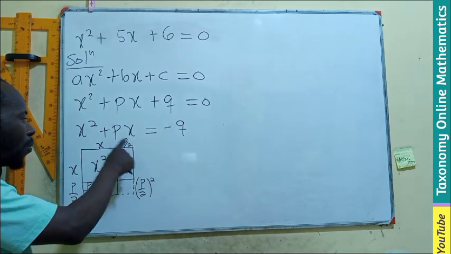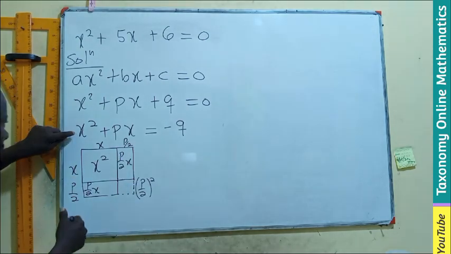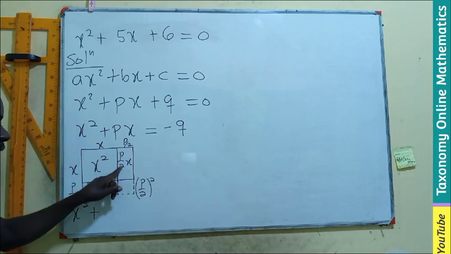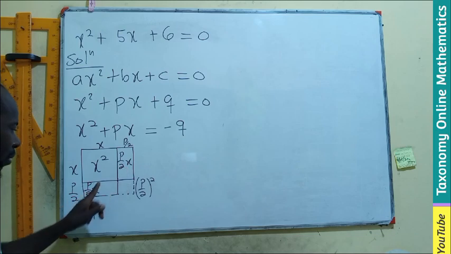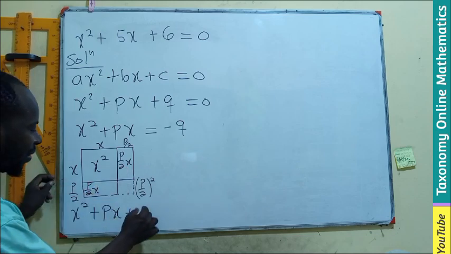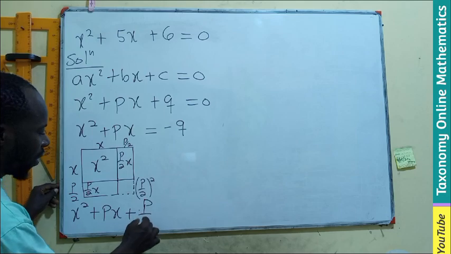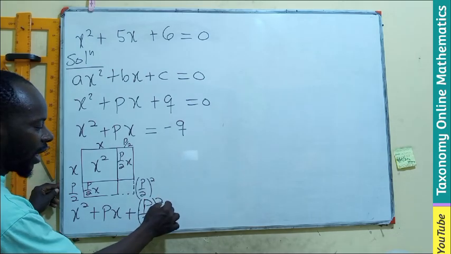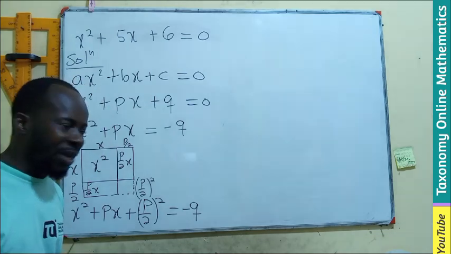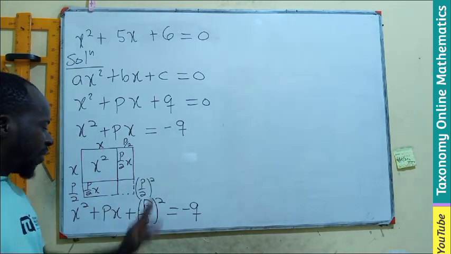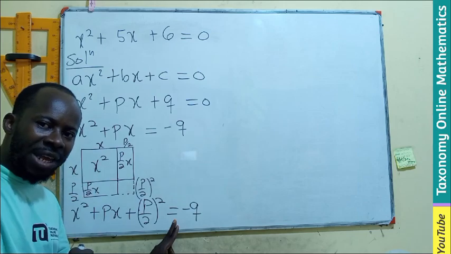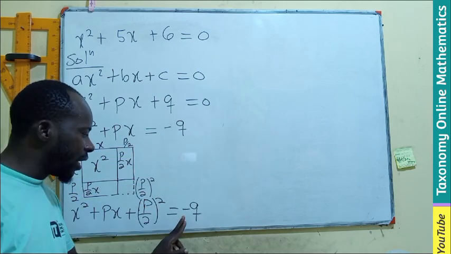So now I have my complete square, which is in the form x squared plus p over 2x plus p over 2x, which gives me px, then plus p over 2 all squared. Remember, it is equal to negative q. But what happened? We have introduced this, and this is an equal sign, meaning the left side of the equal sign should equal the right side.